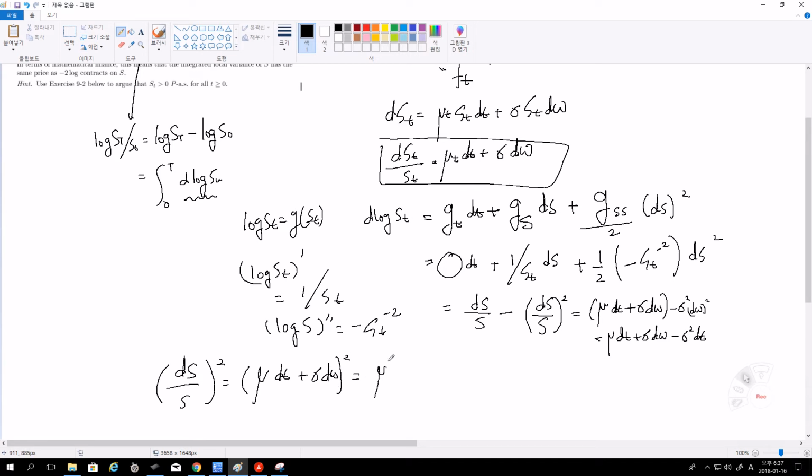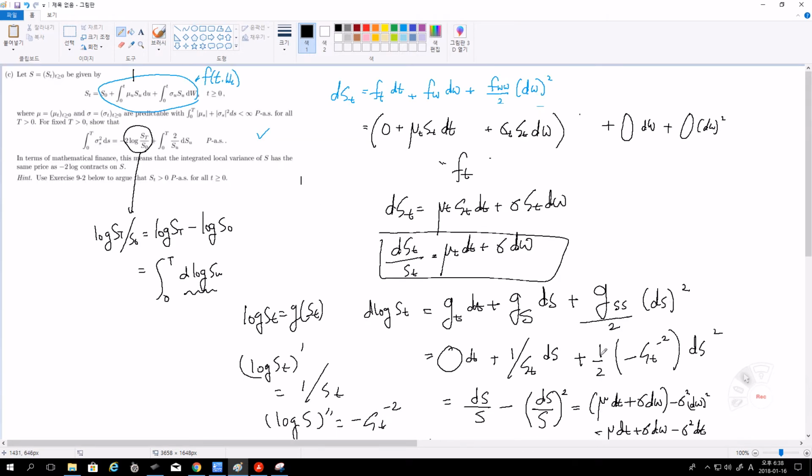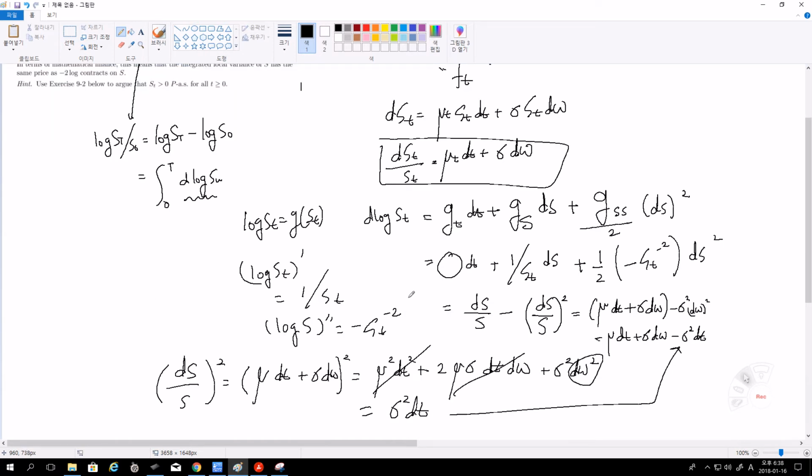So which is sigma square dt square plus 2 mu sigma dt dW plus sigma square dW square, but this is 0 and this is 0, and dW square is dt, so sigma square dt. This is this part. Okay, so we calculated this one.